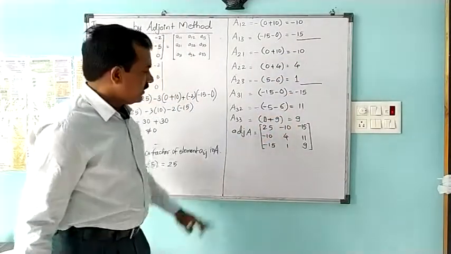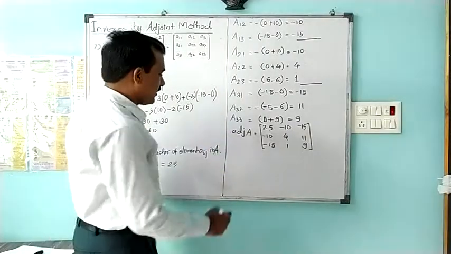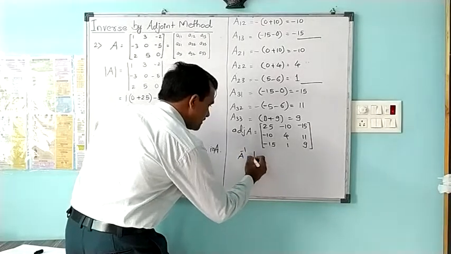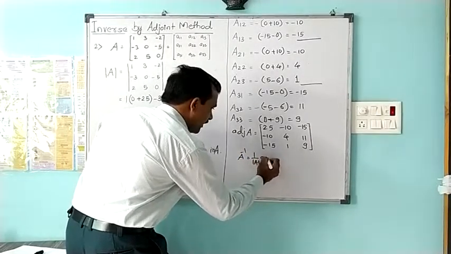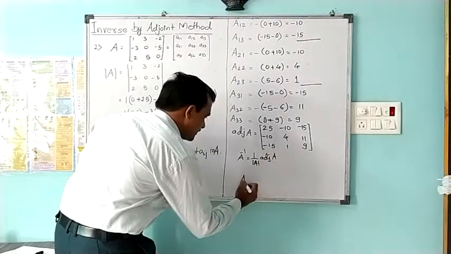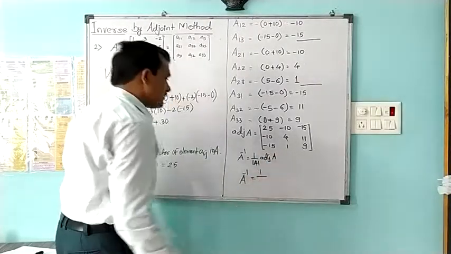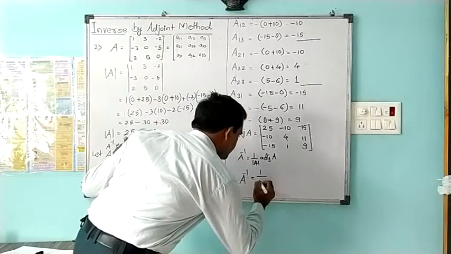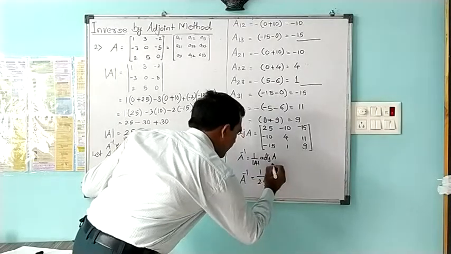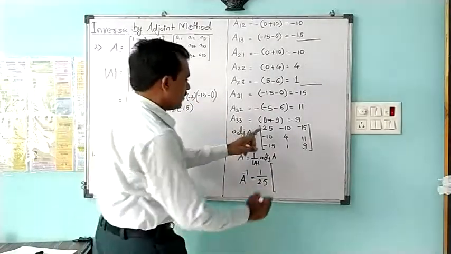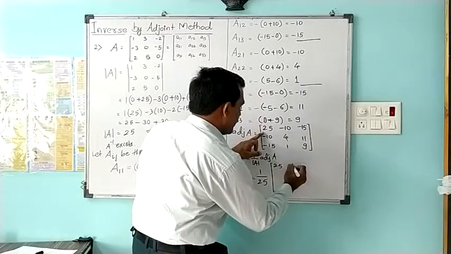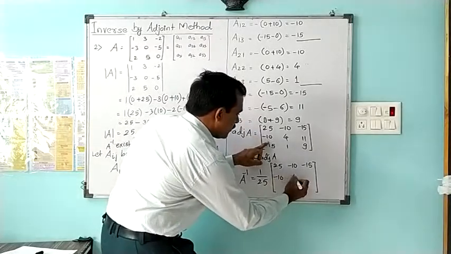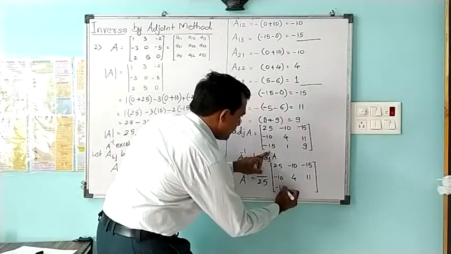If we get the adjoint of matrix A, then A inverse can be evaluated using the formula 1 by determinant of A into adjoint of A. So the inverse of A is 1 upon determinant of A, which is 25, times the adjoint matrix 25 -10 -15, -10 4 11, -15 1 9.